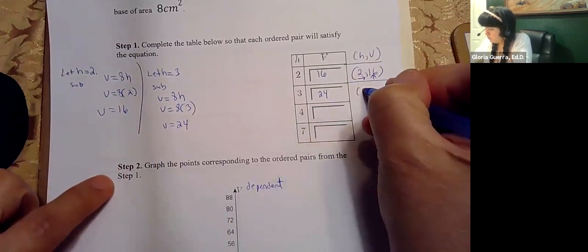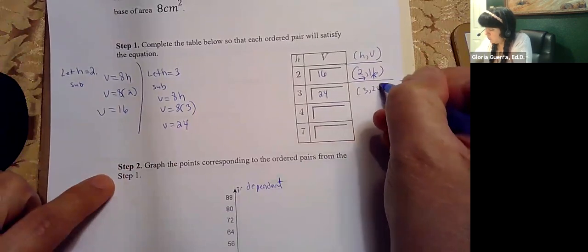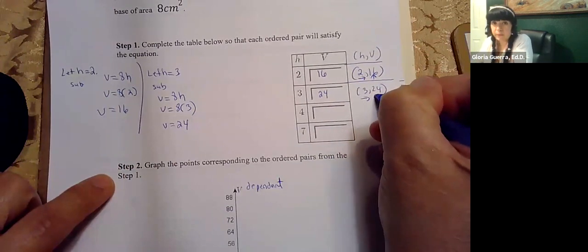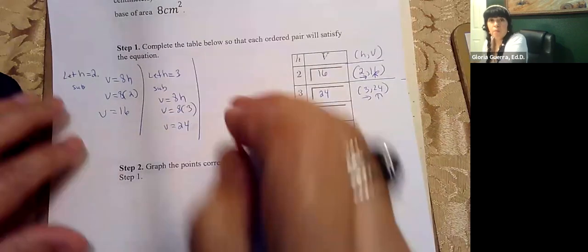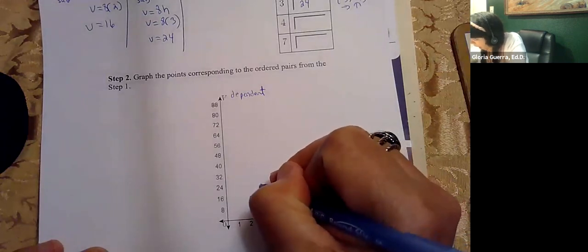So you have (3, 24). So go to the right 3 and then go all the way up.